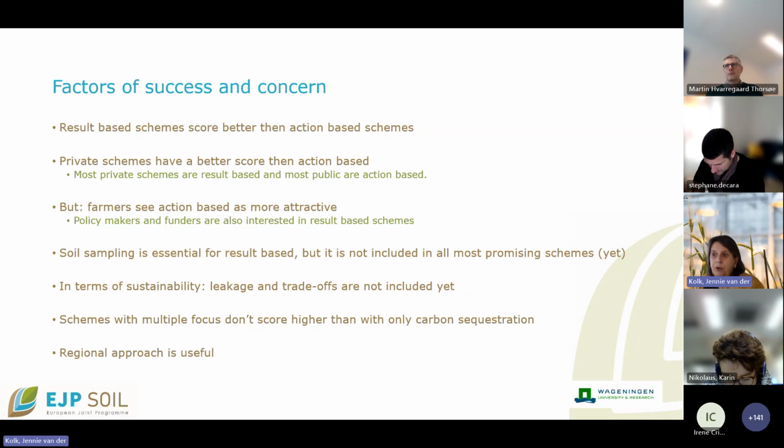Schemes with a multiple focus don't score higher than those with only carbon sequestration, even though in this workshop I mentioned, most people prefer the multiple focus, but it's not included yet. And even if they like it, maybe it's better to focus only on carbon sequestration because that's difficult enough.